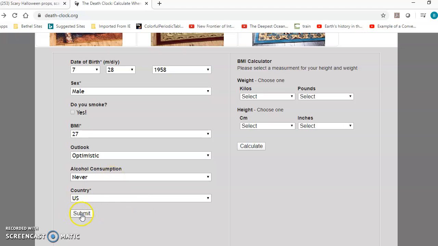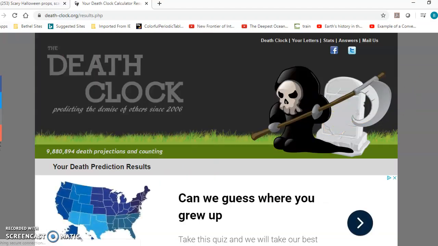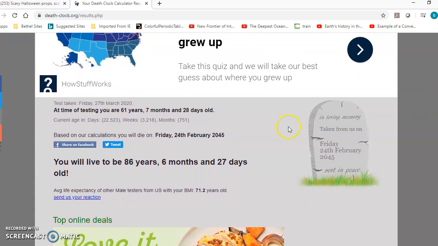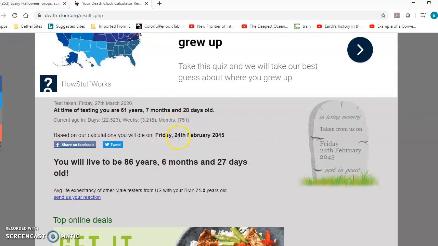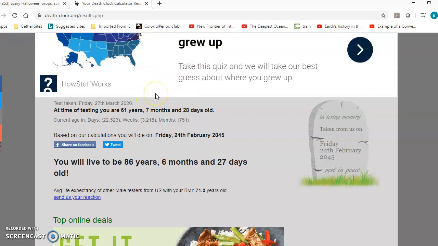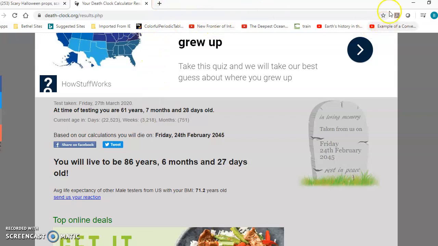And I'm from the U.S. So if I submit those things to this site, I'm going to find out that I'm going to die about Friday the 24th of February in 2045. I'll be 86, almost, or 86 and a half years old. There's one form of these death clocks that actually has a clock ticking, and the seconds winding down that you have left to live. So that's a little bit twisted.